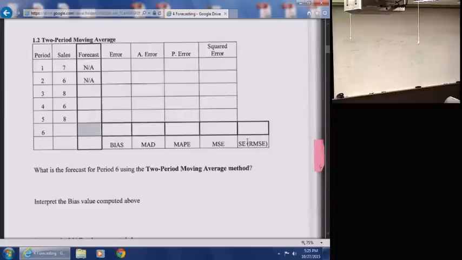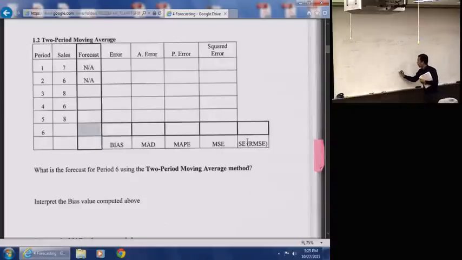MAD, the average of all absolute errors. MAPE, the average of all percentage errors. MSE, the average of all squared errors. SE is the square root of the MSE. So bias is 0.5 over 3, that's 0.5.